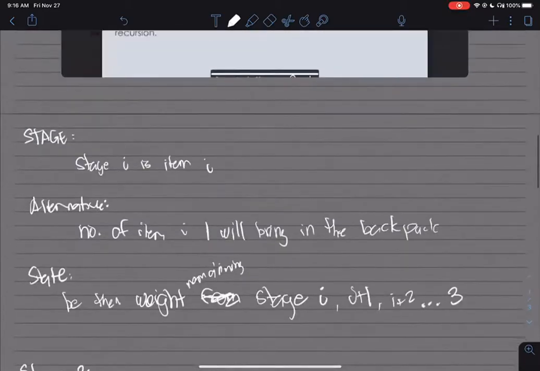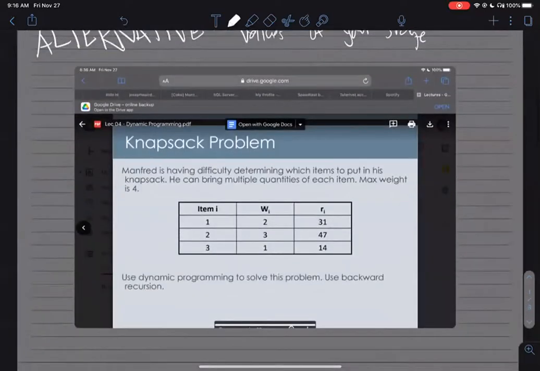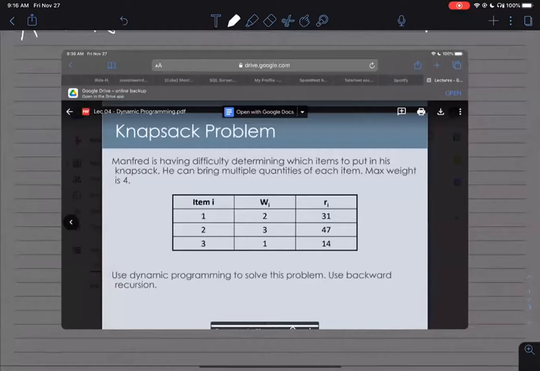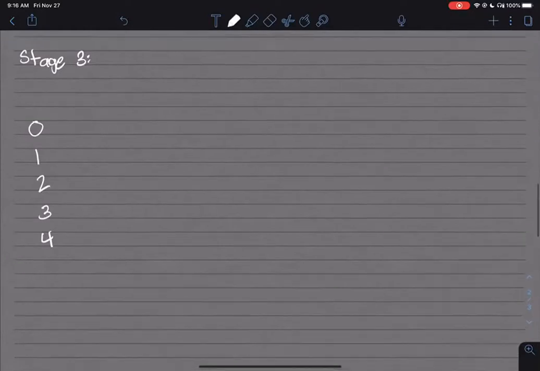Since the maximum weight of the backpack is 4, the possible states for stage 3 are 0 weight left for item 3, 1, 2, 3, or 4. Those are the possible values of weight remaining for stage 3. Question so far? We denote a state as B sub I.